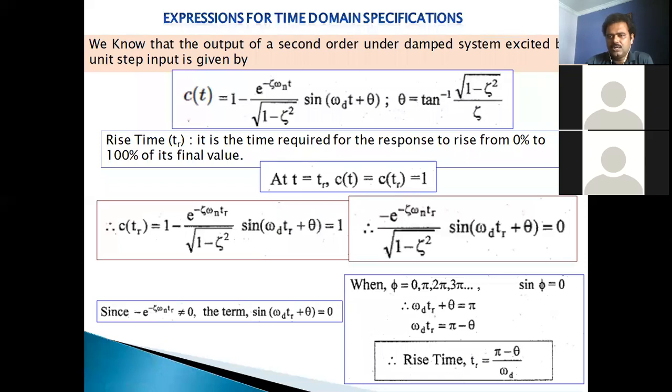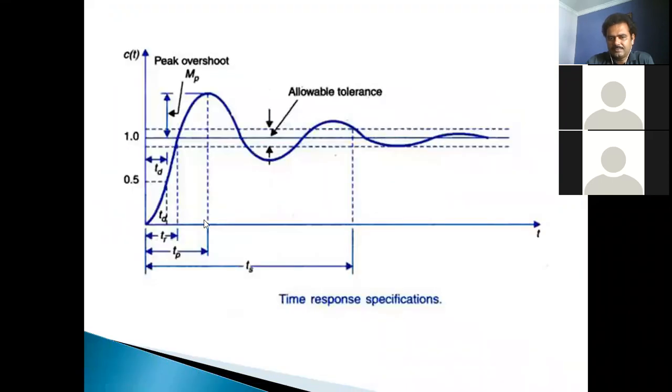So at t equal to rise time, it is unit value. If we observe the graph, at t equal to TR, it reaches its final value, that is unit value. c(TR) is unity.